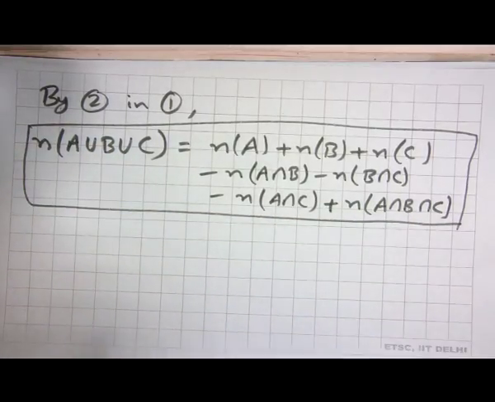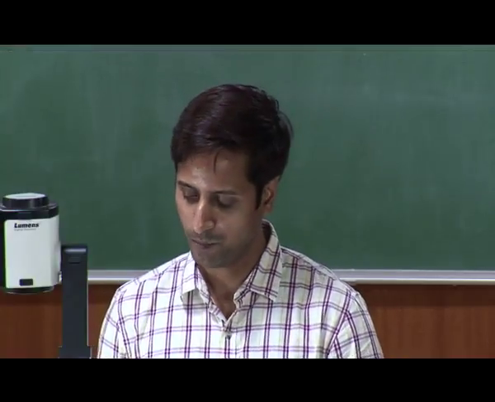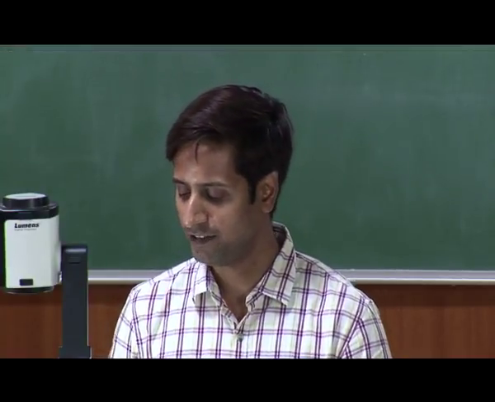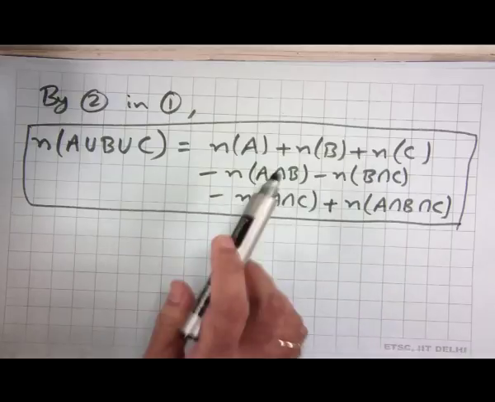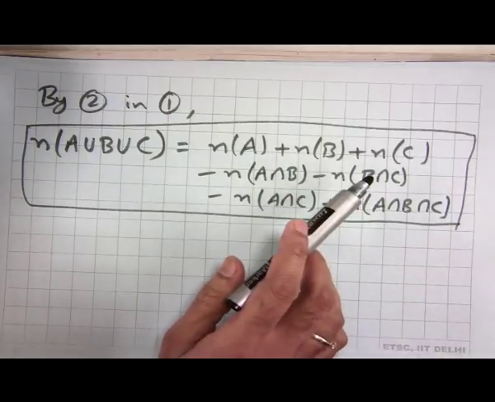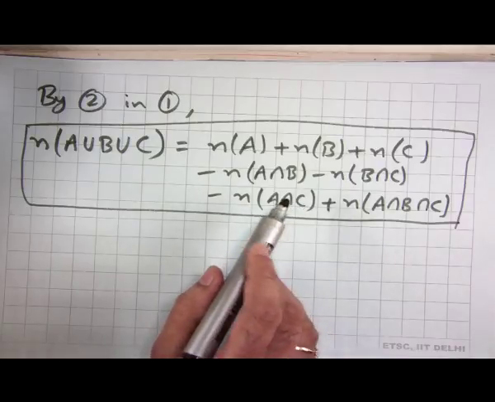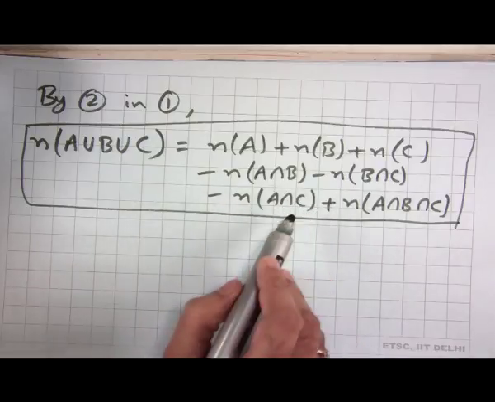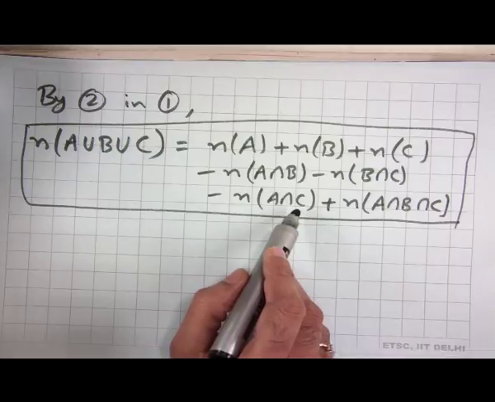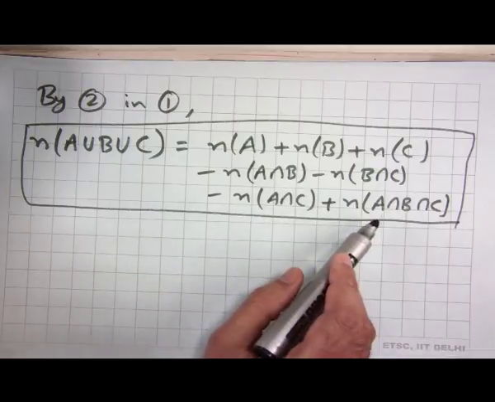Right. So, for the union of 3 sets, the number of elements, you first add the number of elements in each of them, n of A plus n of B plus n of C, then you take the intersections 2 at a time and subtract the number of elements in them, and then you look at the intersection of all 3, which you will have to add.